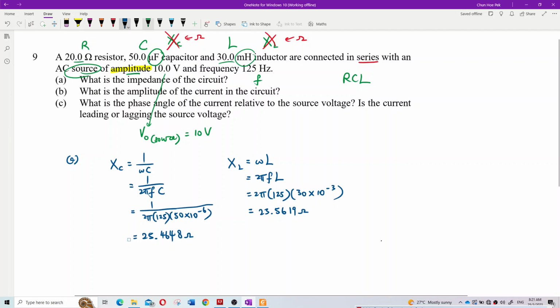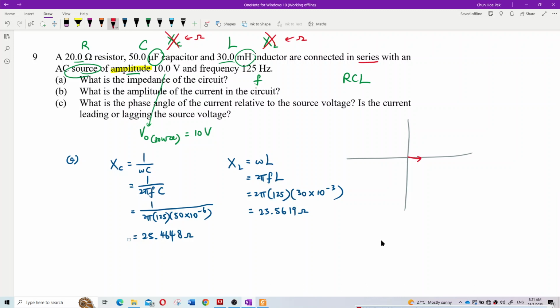Now let's draw a phasor diagram. Put the current here. We know that the resistor is always in phase, and then XC is below here. XC is bigger, XL is smaller, so XL is over here.